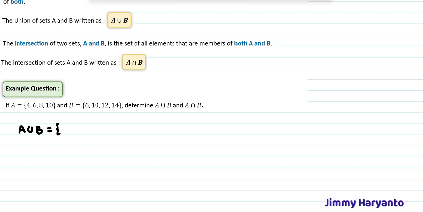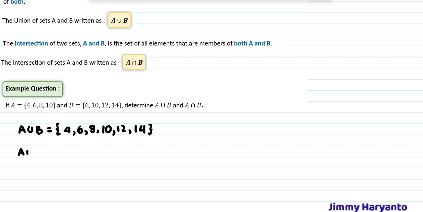That means we have to write all of the numbers that are in A and B. But if there are two identical numbers, we only have to write it once. So we have 4, 6, 8, 10, 12, and 14. So union is just like you combine them. You have to write down all of the numbers.